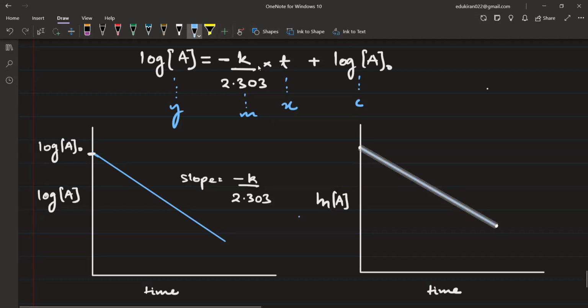There is no change in the line, how it is directed, but the slope will change here. We will not have the 2.303 here. The slope will be only equal to minus k if it is ln, and this will be ln of a naught. So please write both of these side by side.